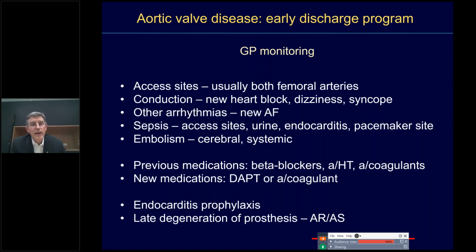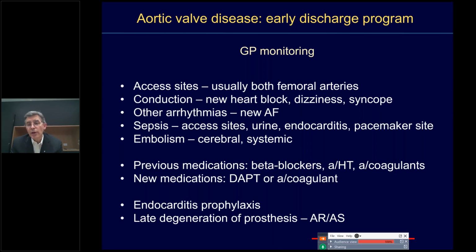It's important to remember for these patients that endocarditis prophylaxis is paramount. So if you have someone, particularly a younger patient who's still got all their teeth, going to the dentist, they should be treated with endocarditis prophylaxis. And you will see eventually degeneration of these prostheses, and that will be either aortic regurgitation or a stenotic bioprosthesis.